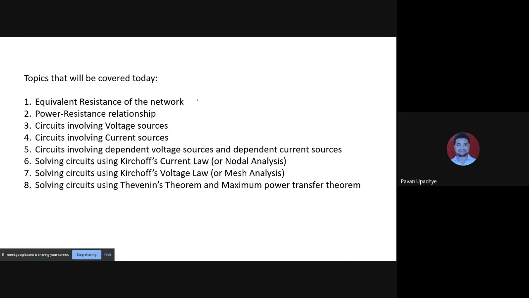So calculating equivalent resistance of the network depends on calculating series, parallel resistances, combinations of series and parallel, and sometimes you may also have to employ your knowledge of star delta transformation.